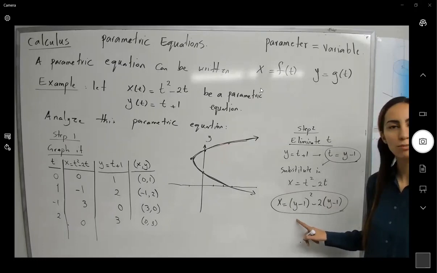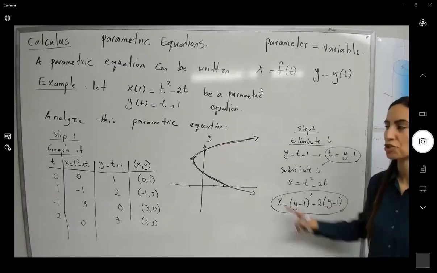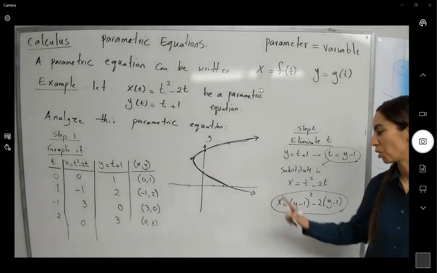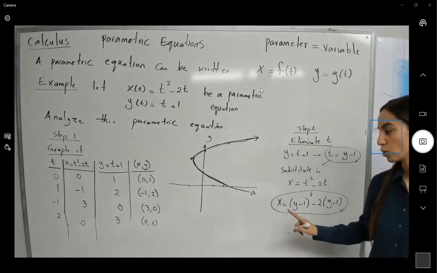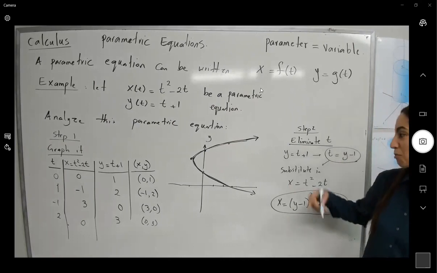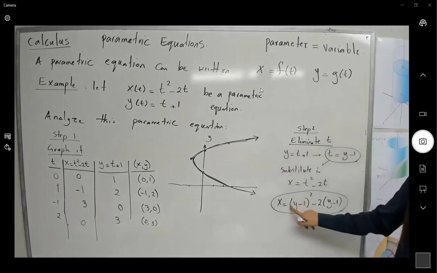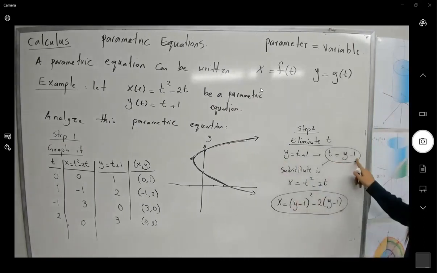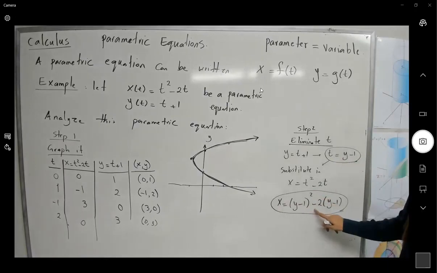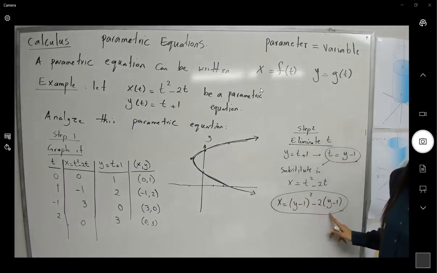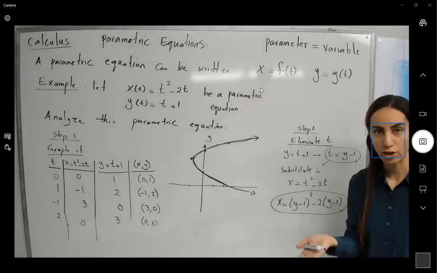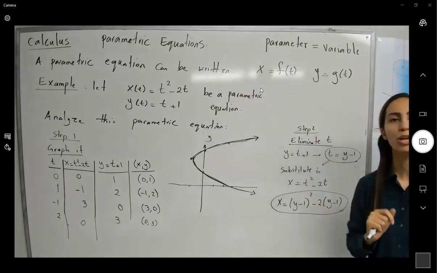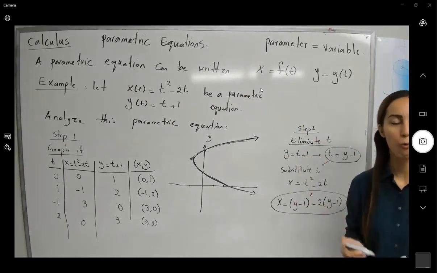By using Desmos, you can graph this equation, and this is the graph of the equation that has no t in it. You can also go backward, set t equals y minus 1, and x is t squared minus 2t, going back and forth between parametric equations and equations in x and y.